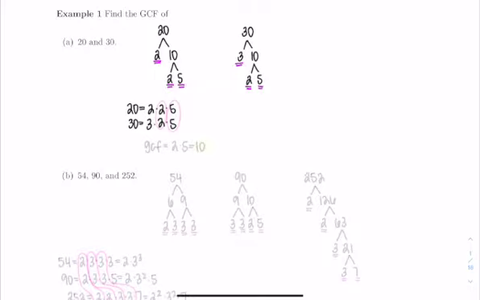And we want to see what they have in common because it's the common factor of both of them. So between both, they share a 2 and they share a 5. And so that means that the GCF of 20 and 30 is 2 times 5, or we get 10.